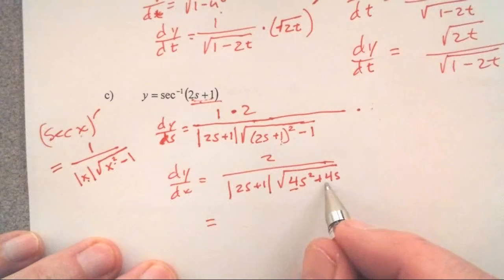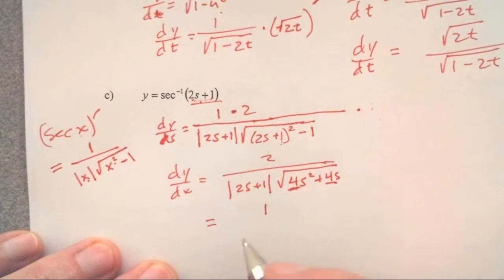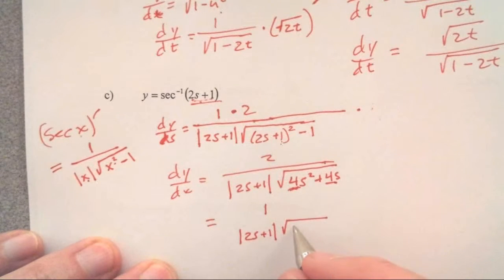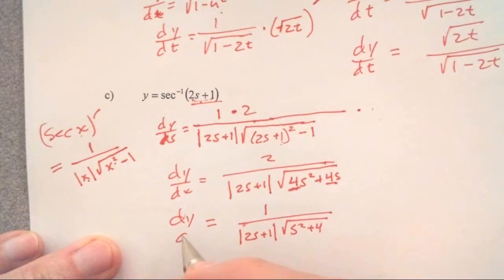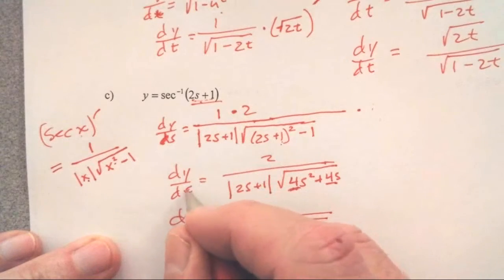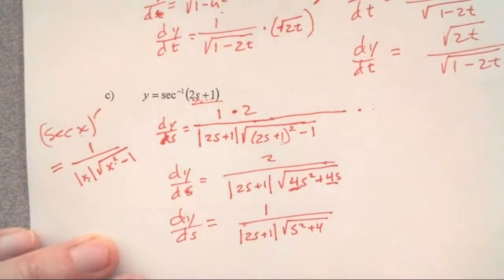I could factor a 4 out of this, take the square root of 4, 2, reduce that 2, and I end up with 1 on absolute value 2s plus 1 times square root of s squared plus 4. And once again, I went dy dx, but it's dy ds. We're taking derivative with respect to s.